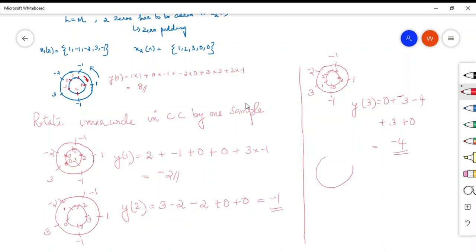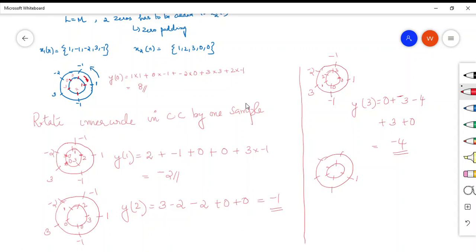Last one. How many samples will there be? There has to be 5 samples, no? 1, 2, 3, 4, 5. So in circular convolution, if x1 of n has 5 samples and x2 of n has the same number of samples, that means the output y of n should have the same number of samples. Same way you can find this.